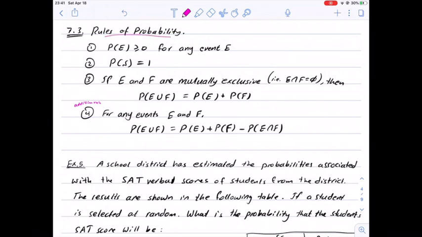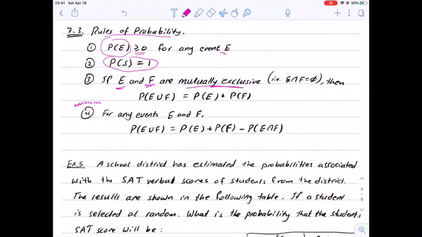Now the third section talks about rules of probability. The probability of any event is always greater than or equal to 0, and it's less than or equal to 1 as well for any event. And the probability of S, as we described before, is equal to 1.